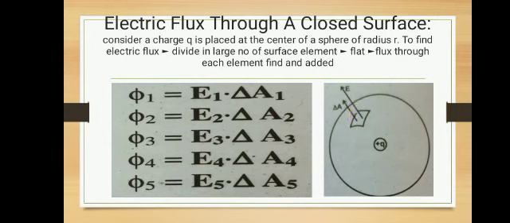And the most important thing is that each patch should be flat. This is an MCQ. When we divide the surface of a closed sphere into small patches, the patch should be flat, whether circular, triangular, or whatever, to calculate electric flux through it. Always remember, each patch area should be flat.